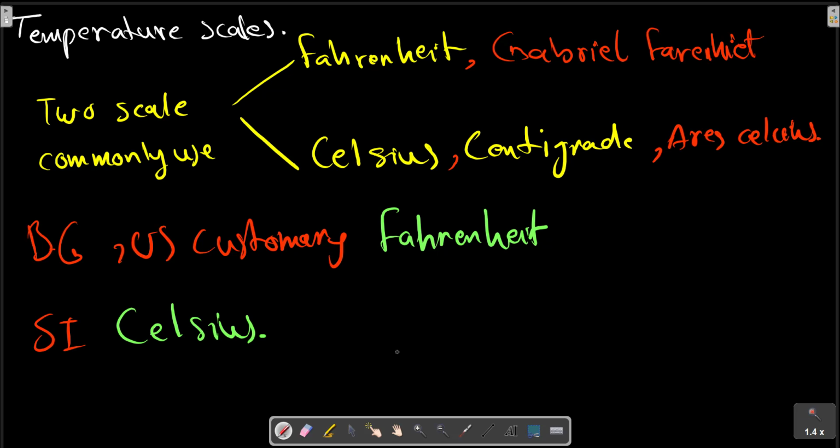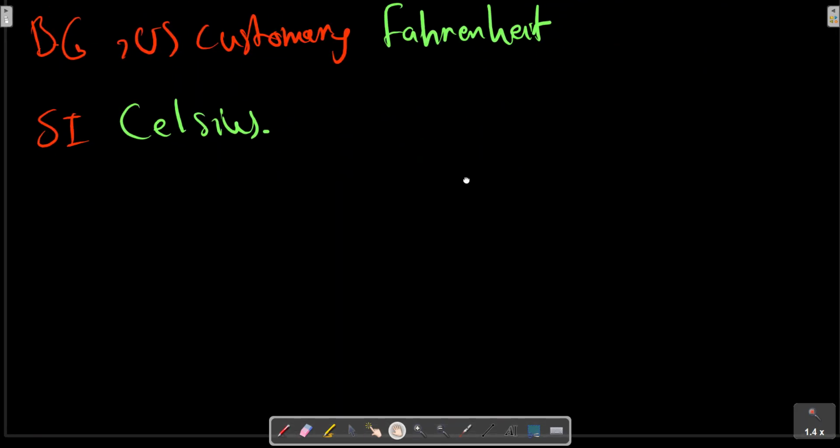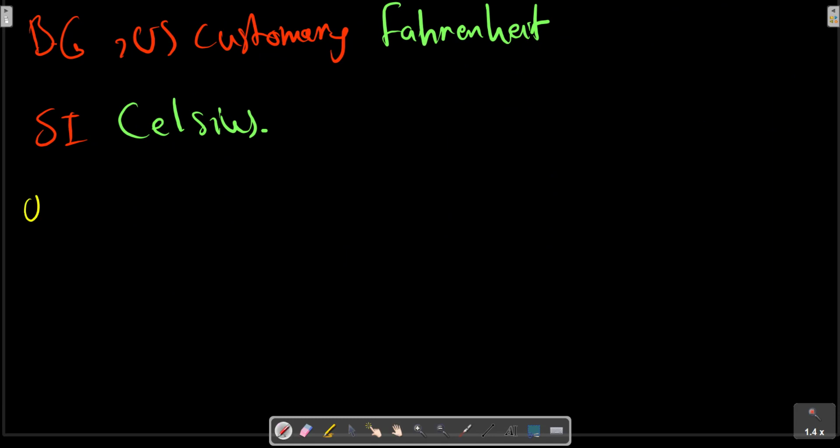Until 1954, both of these scales were based on two fixed, easily duplicated points, the ice point and the steam point.